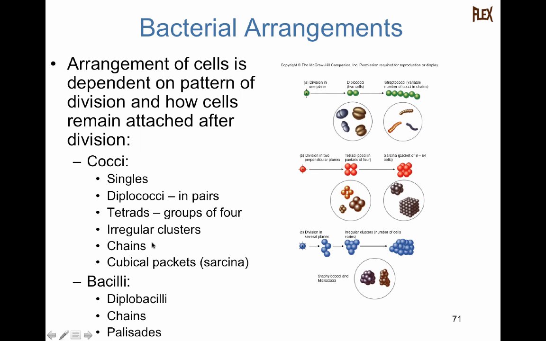If it's in a chain of cocci, this is what we call strep. If it's in a cluster of cocci, this is what we call staph. Or it could be in twos. We call those diplo. 4s, tetrad. Chains, again, would be strep. 8 would be sarcina. For bacilli, same thing. We could have 2, diplo. We could have chains, strep, or we could have palisades, which is a stack.